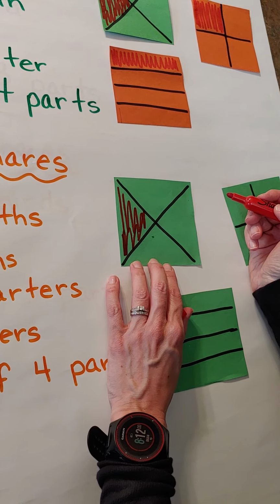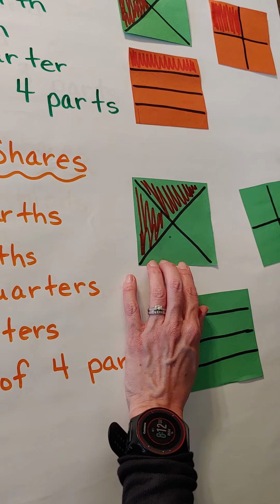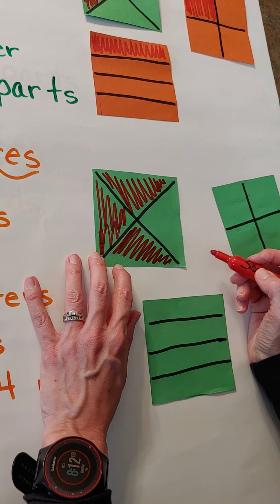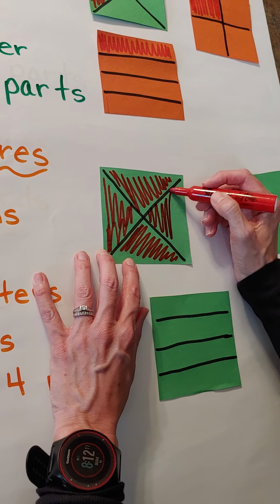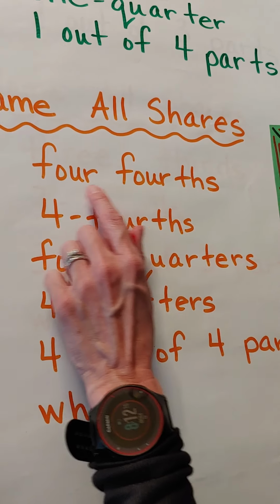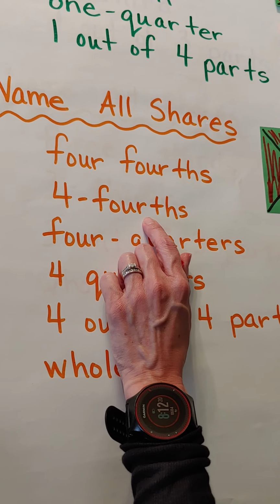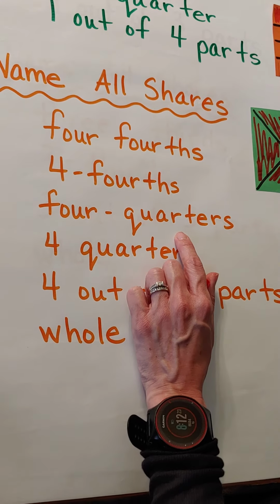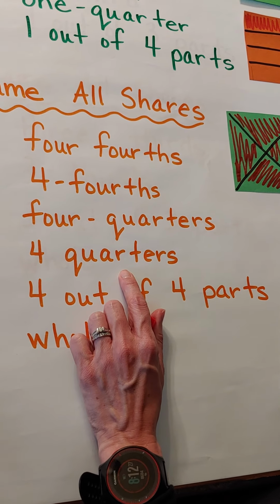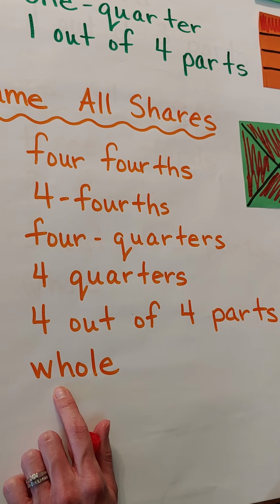So that's 1 out of 4, 2 out of 4, 3 out of 4, 4 out of 4. We could say that as 4/4, with a number in the word. 4 quarters equals $1. 4 out of 4 parts, or we could call it a whole.